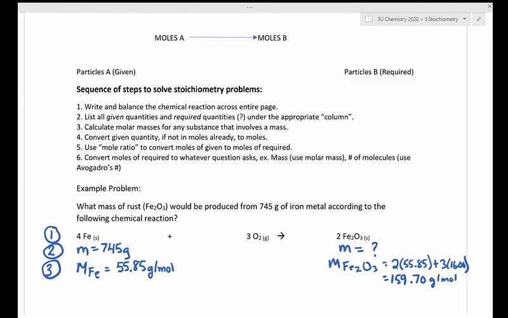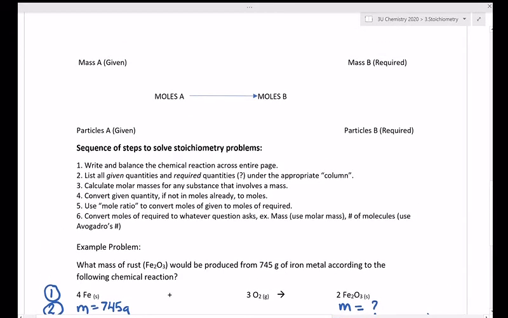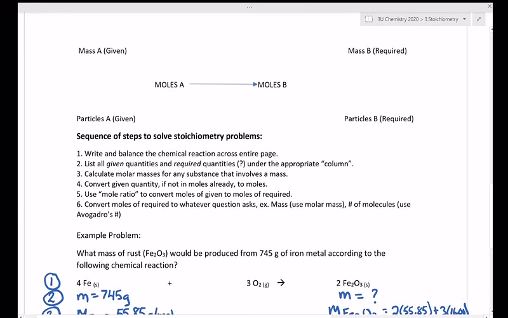Okay, that's number 3. Now, convert any given quantity, if it's not in moles already, like last lesson was in moles, so we got to skip this. But if it's not, we need to get it into moles. So that, step 4, is actually the first thing I've shown on this diagram up here.